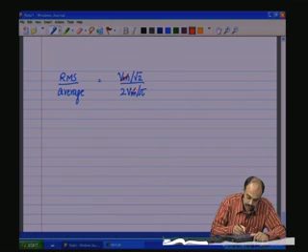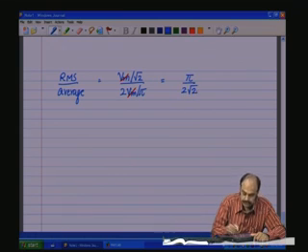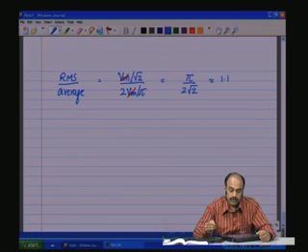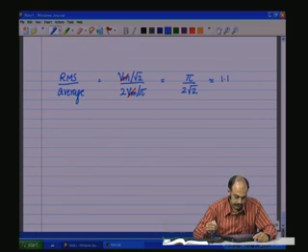So, Vm goes off. So, this results in pi by 2 root 2, and this is approximately 1.1. So, the ratio of the RMS to average is 1.1.